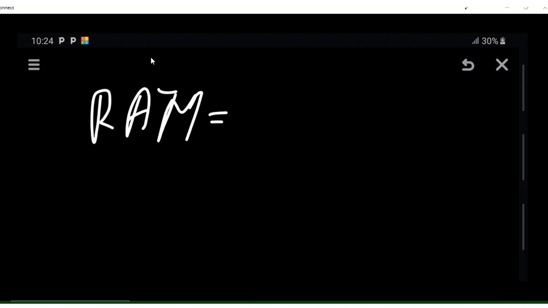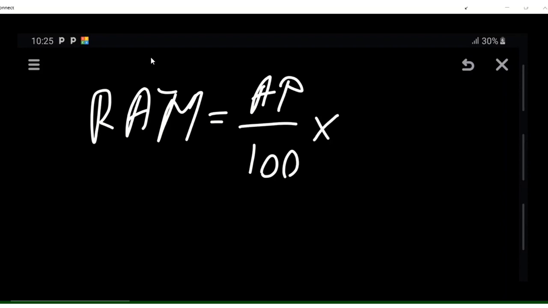The percentage is the abundance percent, so say AP, abundance percent, over 100, then multiply by the given mass.